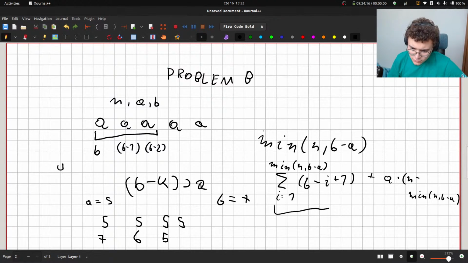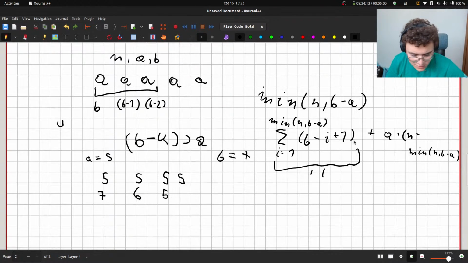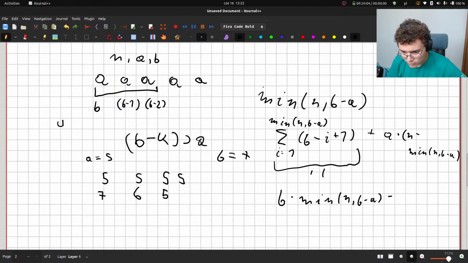So we just have to get the formula for this one, and this is the sum of consecutive numbers formula, right? So we have b times minimum of n and b minus a, plus the sum of 0 plus 1 up to this number minus 1.